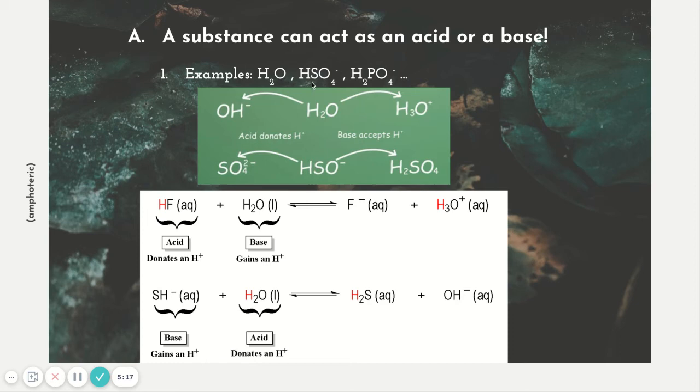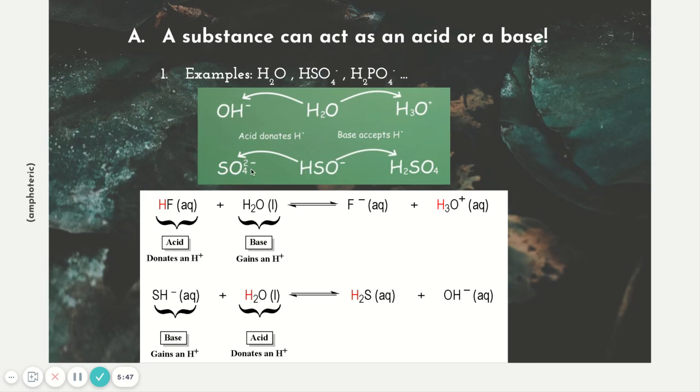Like with this example here, this bottom one, just the HSO4 with a minus 1. If we got rid of another hydrogen, we would have that minus 2. There should be a 4 here, that's just a typo. If we added a hydrogen, we'd get rid of the negative altogether because that hydrogen would cancel out that negative. So this version of the ion is amphoteric.